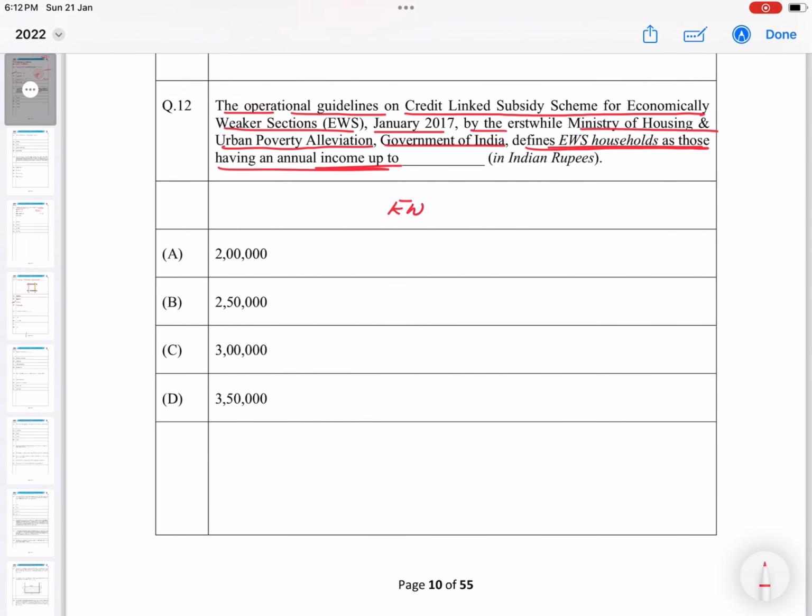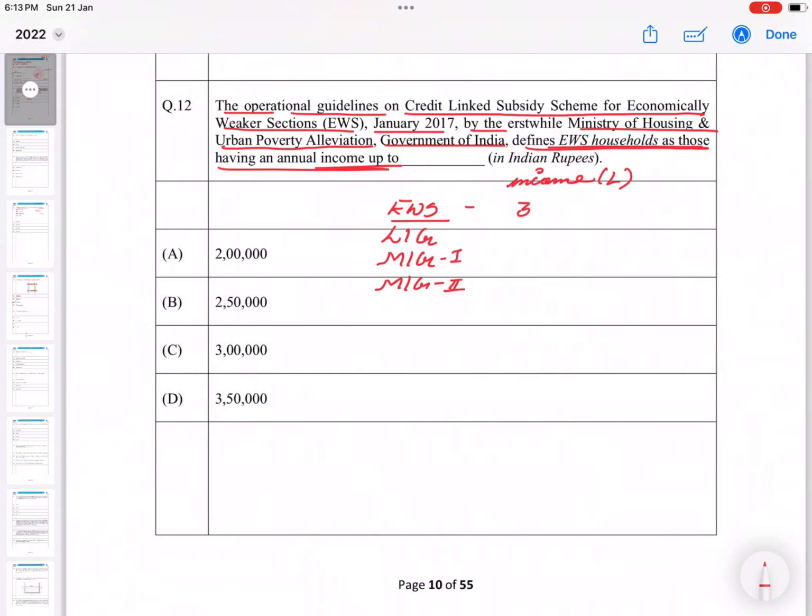So let me categorize. We have EWS, we have LIG, that is lower income group, we have MIG, middle income group first, and then middle income group second. These categories we have, so on the basis of income they are separated.